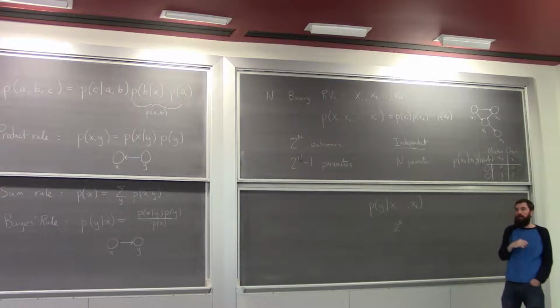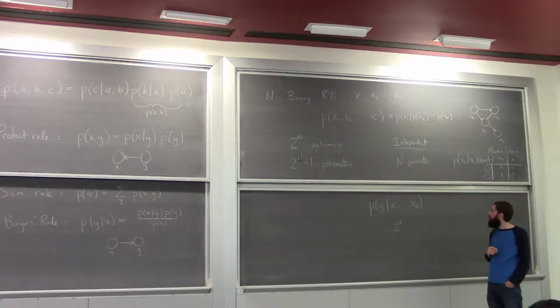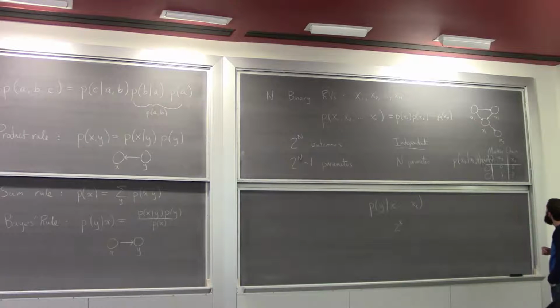Question: will the probability of x3 equals 0 given x1 and x2 be the complement of x3 equals 1 given x1, x2? Wait, we specify for every row.